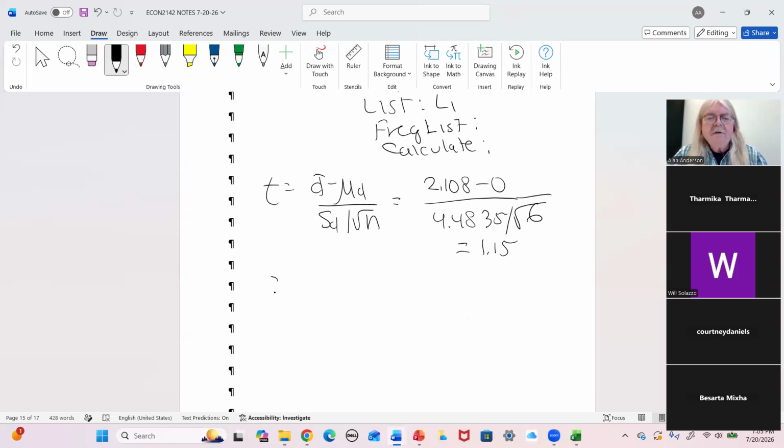Okay. So the critical value, the left-tailed test. But also remember, alpha is 0.01. Oops. So there's 6 observations, so we have 5 degrees of freedom.